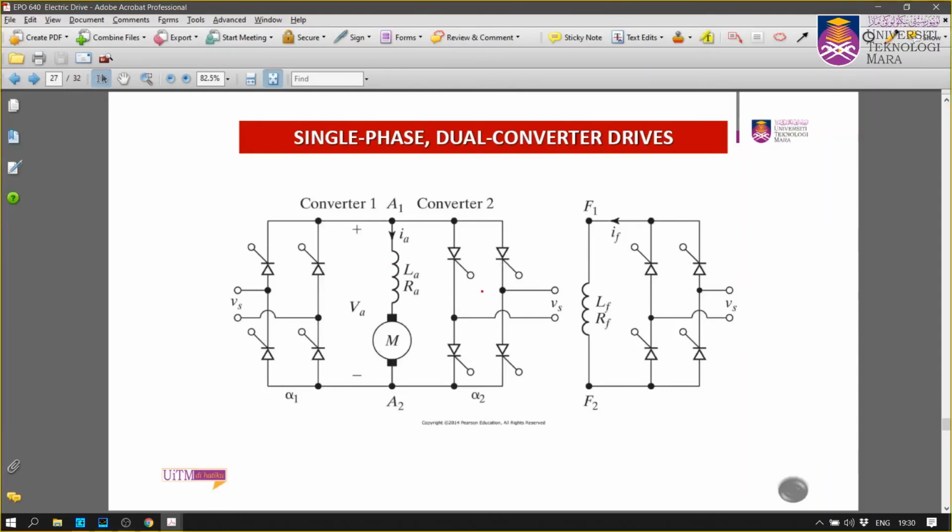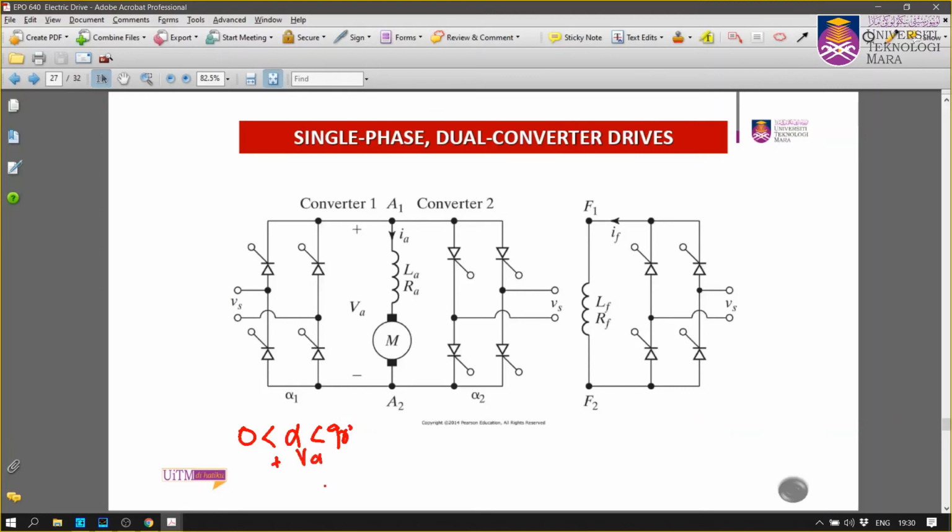So remember alpha. Let's say we talk about alpha 1. If you operate alpha 1 from 0 to 90 degrees, we are going to have positive VA.